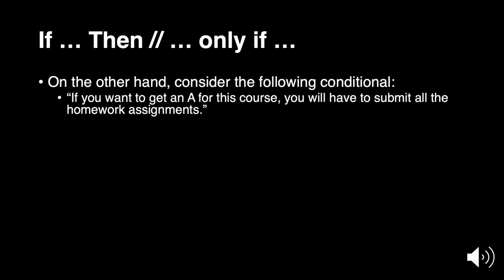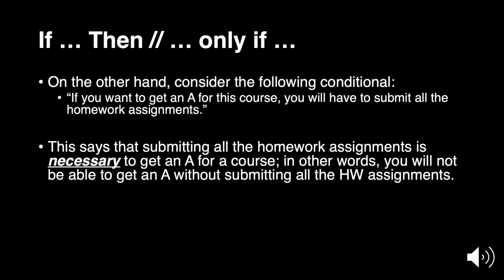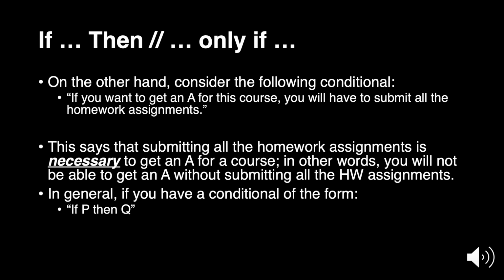Okay, so here you have an example sentence. And this says, submitting all the homework assignments is necessary to get an A for the course. That is, you will not be able to get an A without submitting all the homework assignments. So in general, if you have a conditional of the form if P then Q, Q is said to be a necessary condition for P.